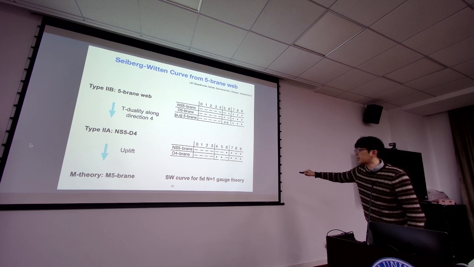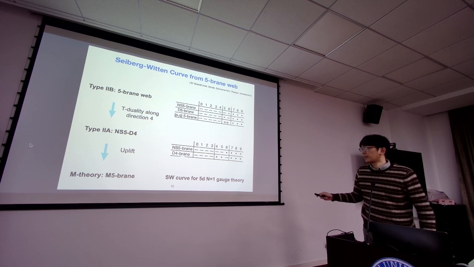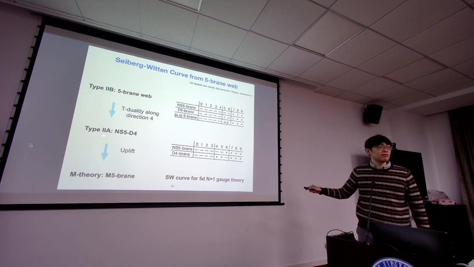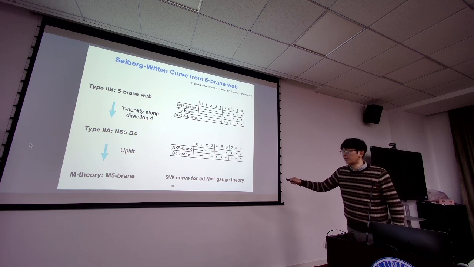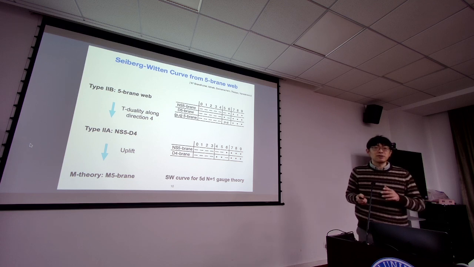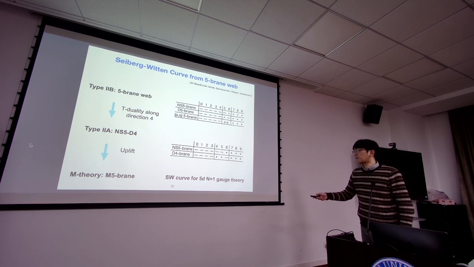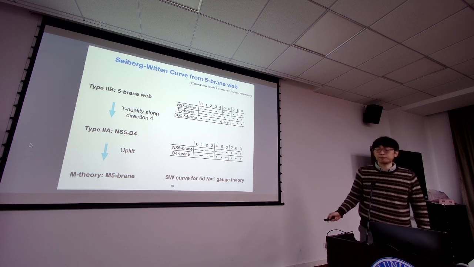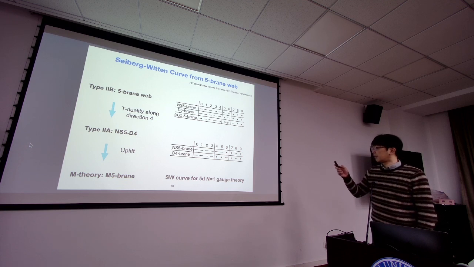But even if this fourth direction is compactified, it is straightforward to uplift to M-theory, and the story is the same. Both NS5 and D4 become M5, and we can consider the shape of the configuration of this single M5 brane, and then the Seiberg-Witten curve for the 4D N=1 gauge theory is obtained as a configuration of this M5 brane. So this is the story of the Seiberg-Witten curve obtained from the 5-brane web diagram.